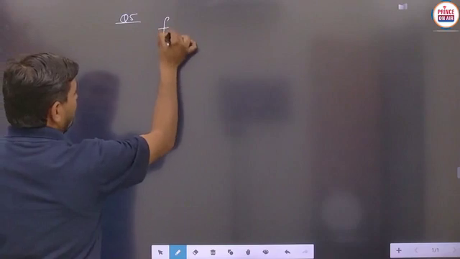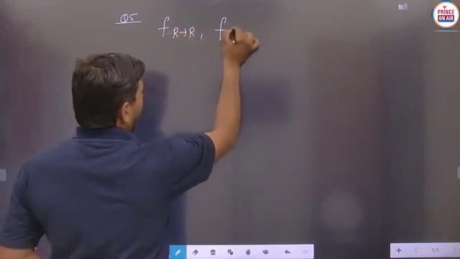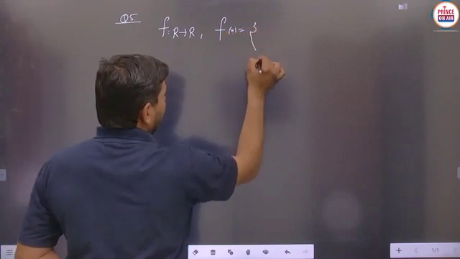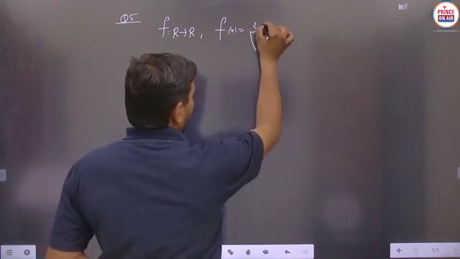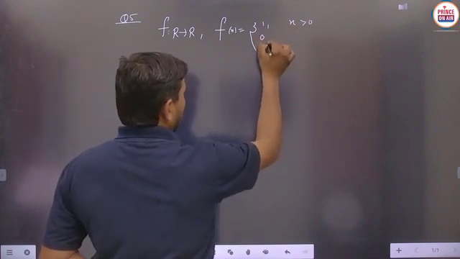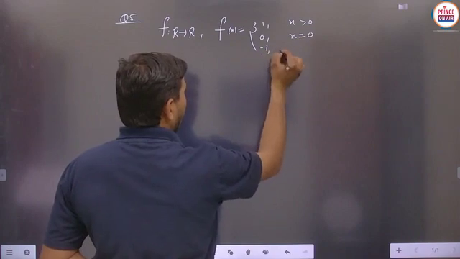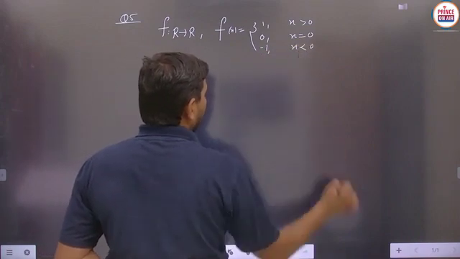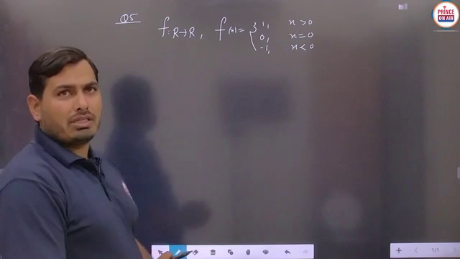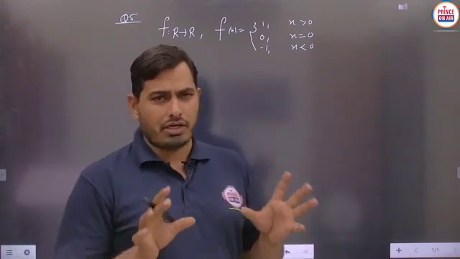Then any function is given from R to R, and the function f of x is defined as 1 if x is greater than 0, 0 when x equals 0, and minus 1 when x is less than 0. Is it to be clear? In this kind of question we have to read the definition.